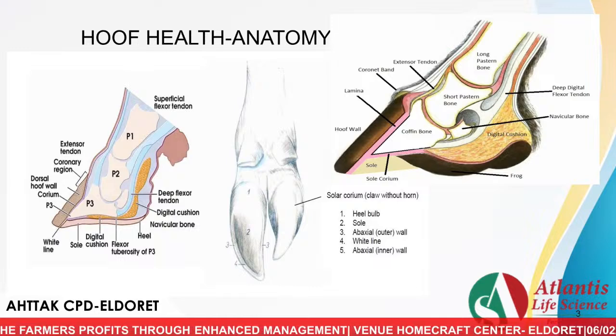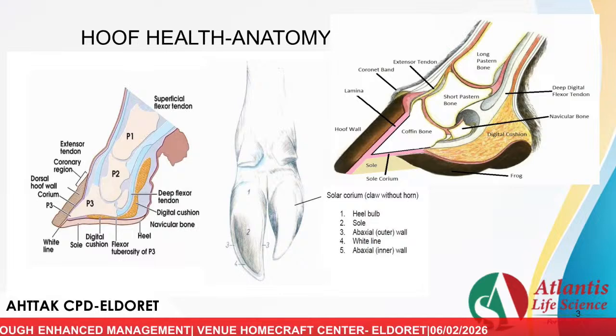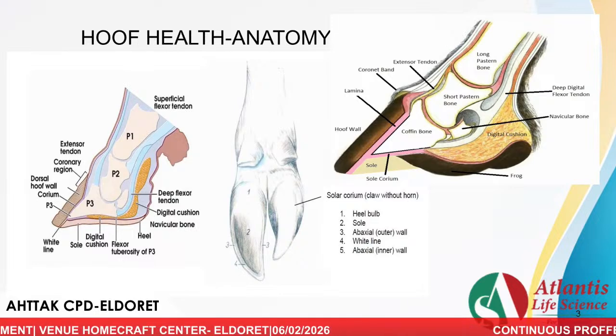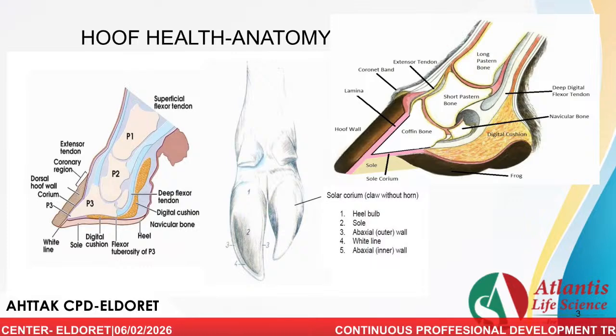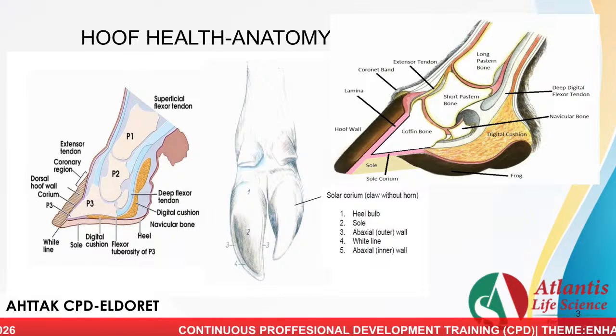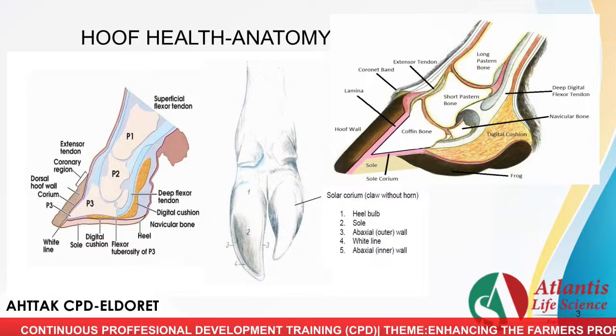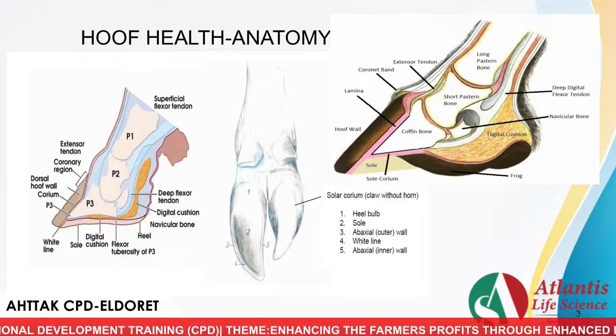And then there is a very important structure here called the coffin bone, or the pedal bone. That's the one I was talking about. And then from the word laminitis, itis means inflammation. So when you say laminitis, it means an inflammation of the lamina.